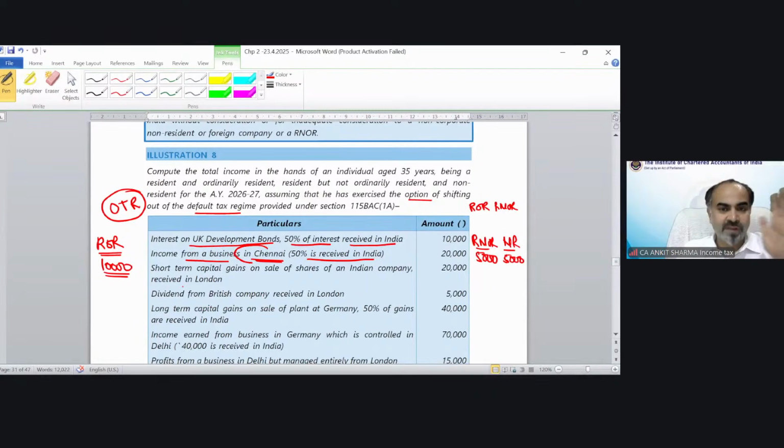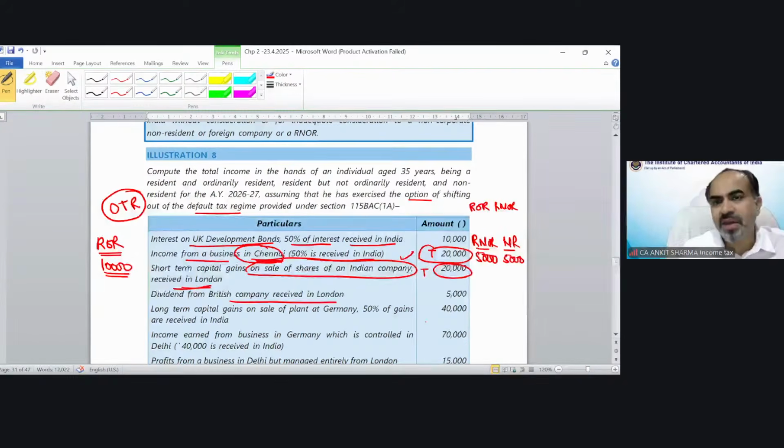Clear till now? Now, dividend from British company received in London. Now, what is going to be the treatment? The correct answer would be, let me see.